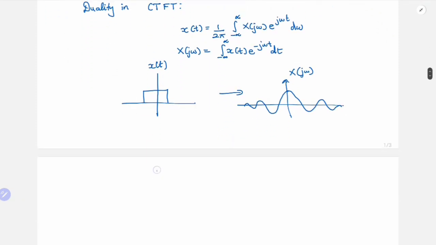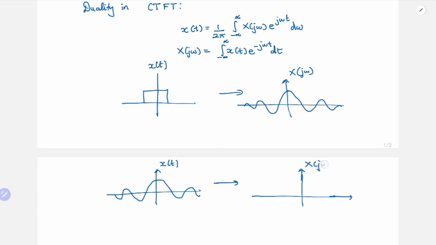So what it means is, if I have a time domain signal which is of the form of sine t by t, then my frequency domain will be again like a square pulse or window, whatever you call it. So this is versus time. This is versus frequency.